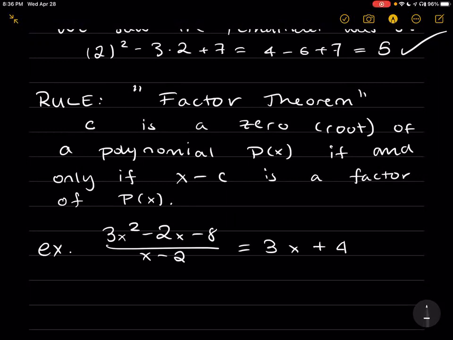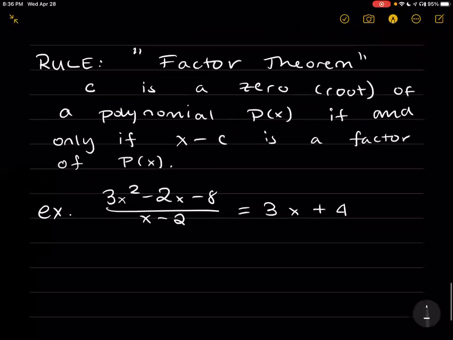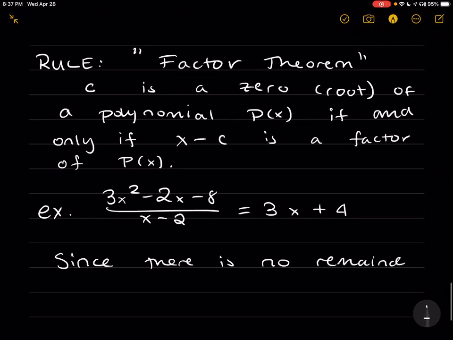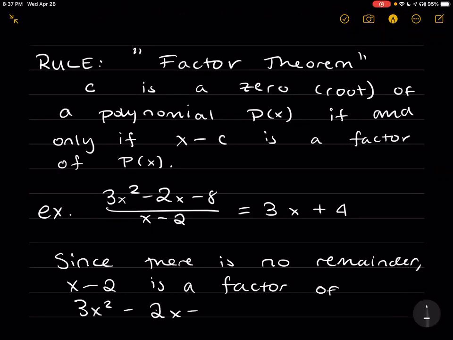Notice there's no remainder. Since there is no remainder, x minus 2 is a factor of 3x squared minus 2x minus 8.